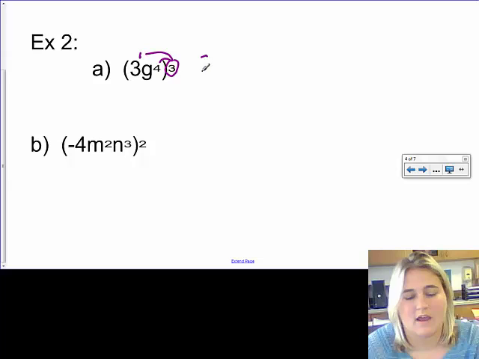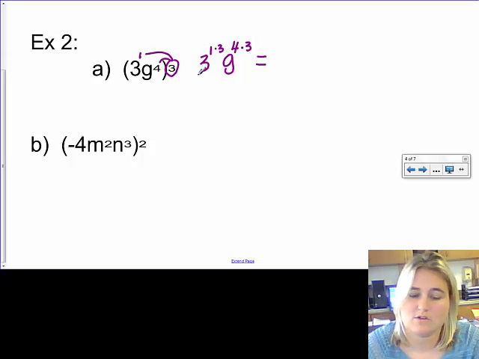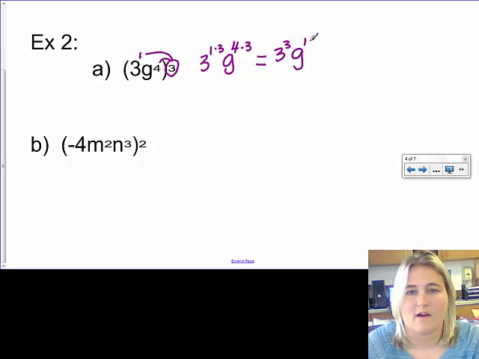So I have 3 to the first times the third, g to the fourth, and I'm taking the 3 to it, so times the third, which gives me 3 to the third power and g to the 12th power. This is my final answer.